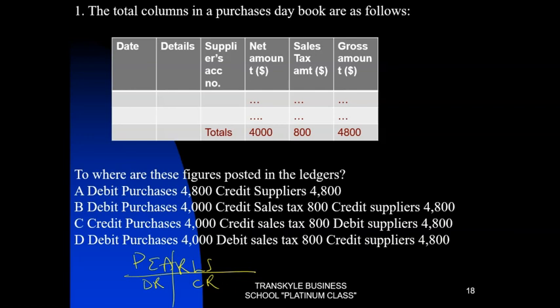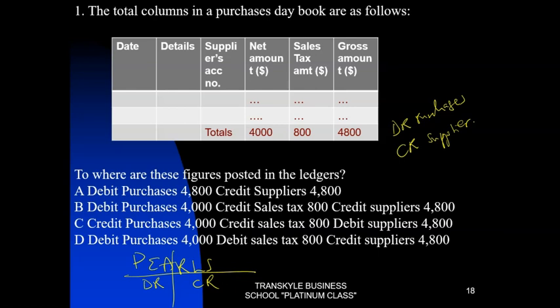the purchases daybook is for purchases on credit. Whenever you buy goods, let us ignore the tax component for now. Whenever you buy goods on credit, you debit purchases and credit supplier. Let us just forget about the tax.